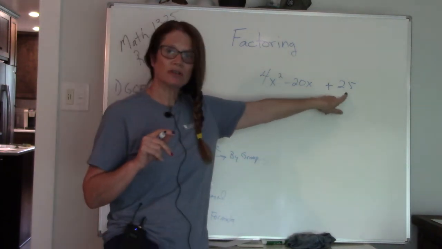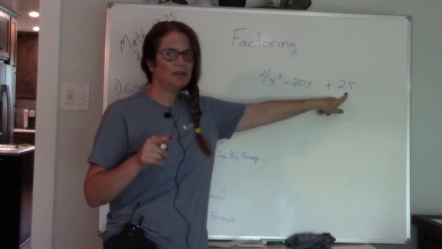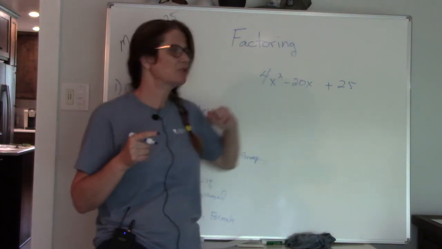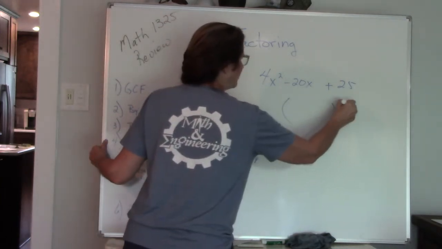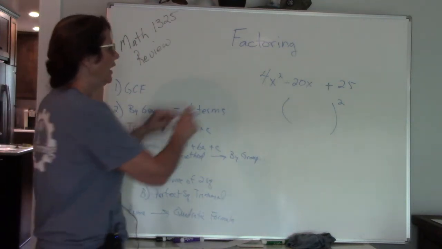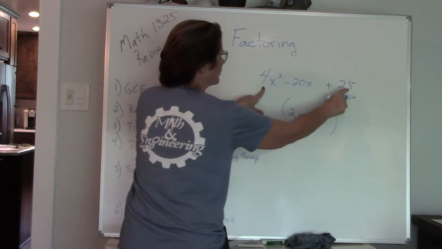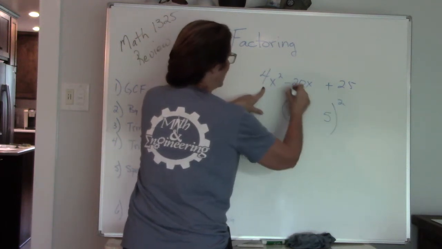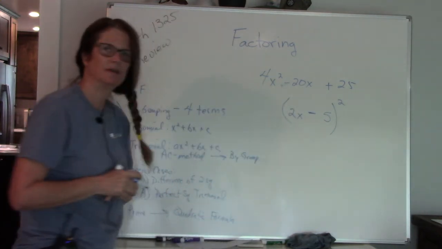The last term is a perfect square. So the minute you see that, it's a good indication that it's probably going to be a perfect square trinomial. So all I have to do is put a set of parentheses with an exponent of 2 on the outside. I take the square root of the first term, the square root of the last term, and use this sign right here. Use my first sign.